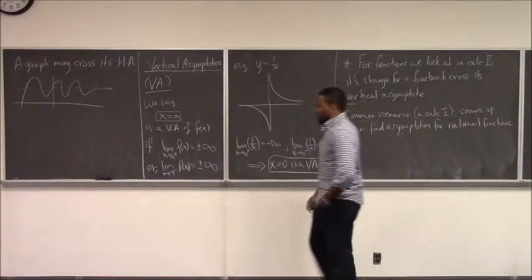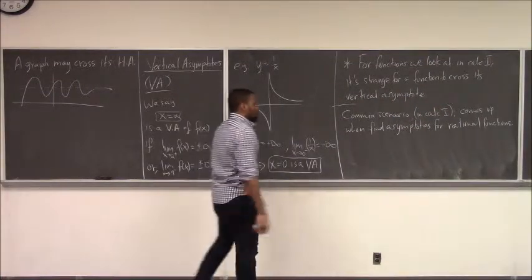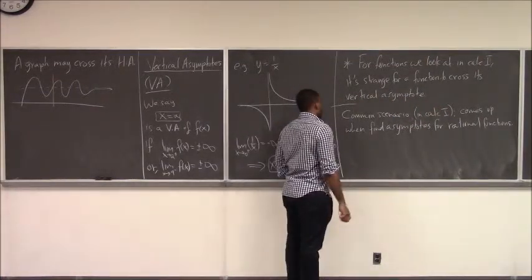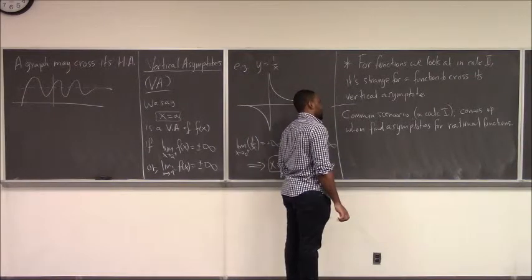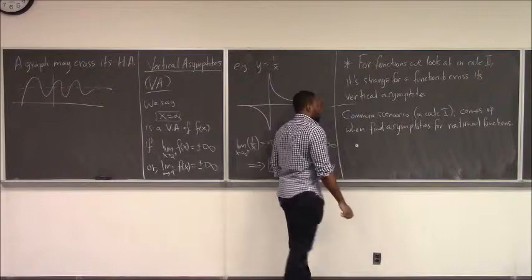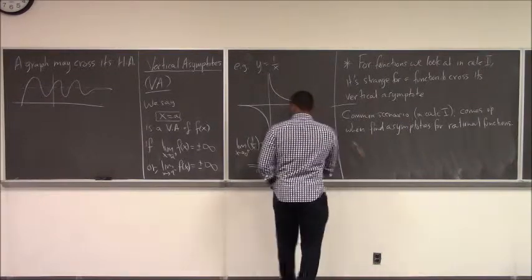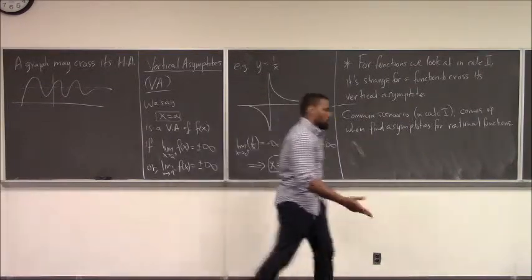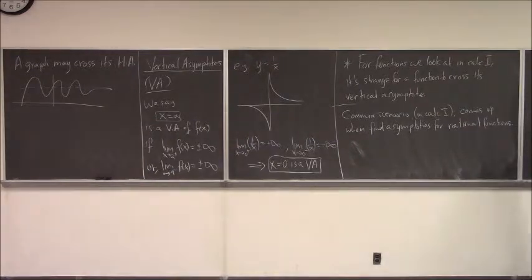And so here is the scenario. I think I should put this in a different color. Because whenever you want to find the vertical asymptote for a rational function, you should be thinking of it this way.